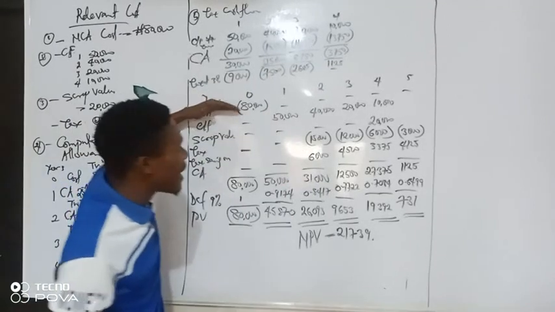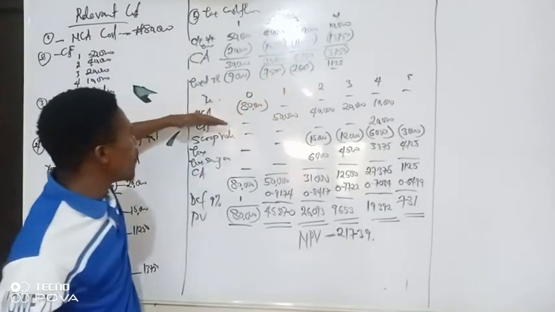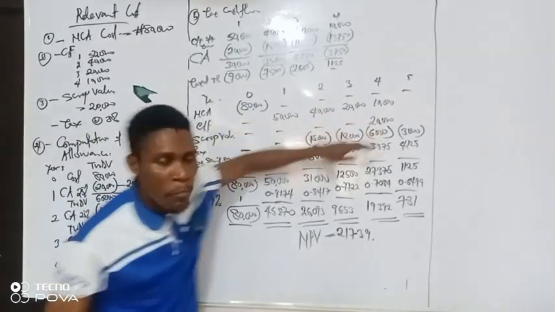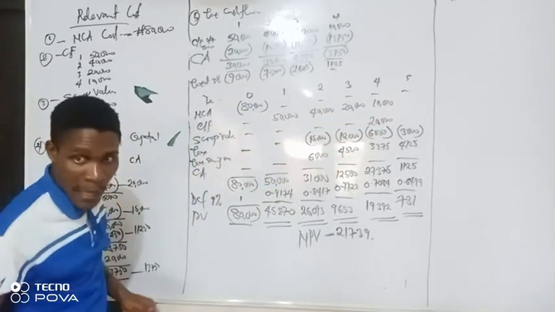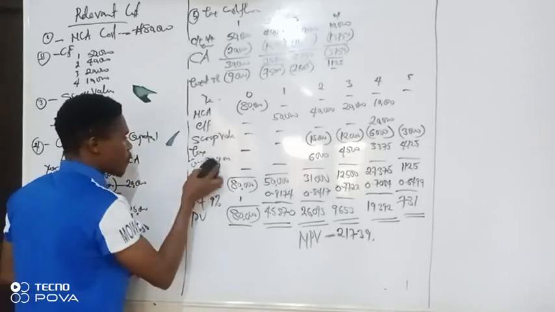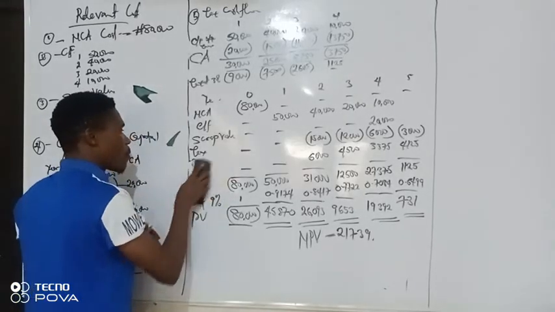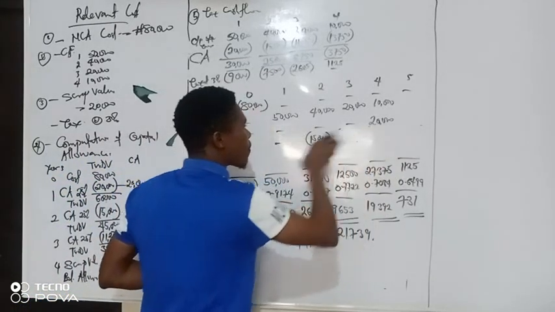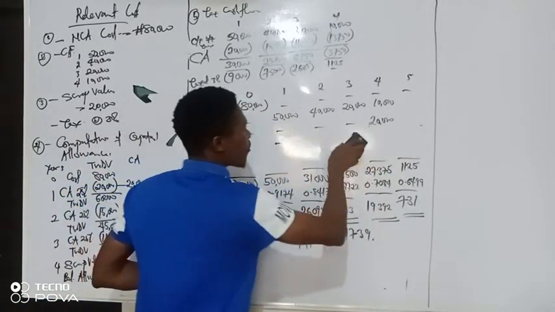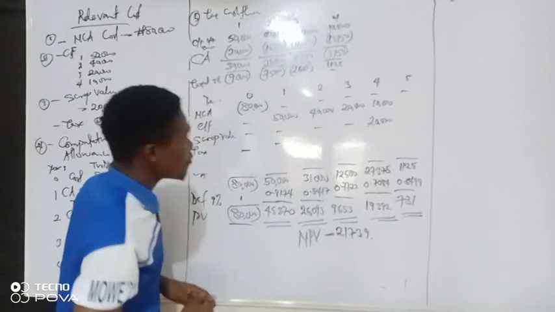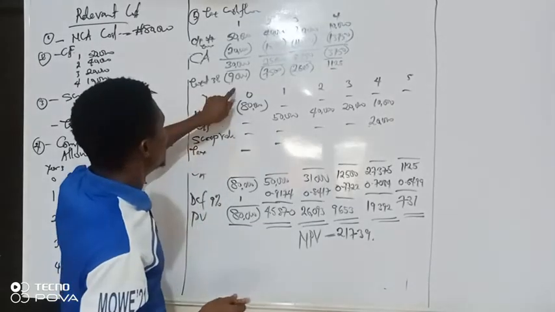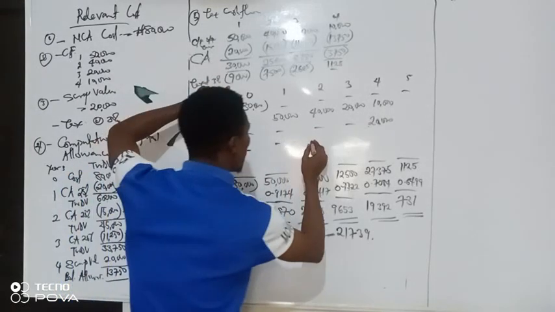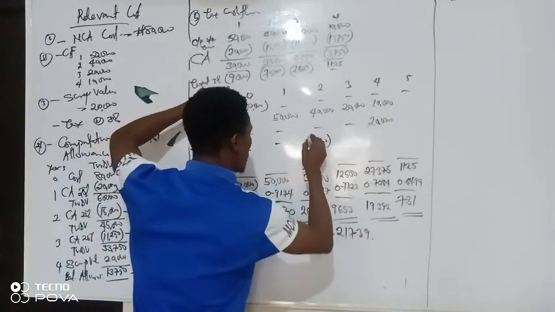you will bring in your capital cost as usual, your cash flows as usual, and your scrap value as usual, but your tax cash flow will now be different. Year one goes to year two: 9,000.